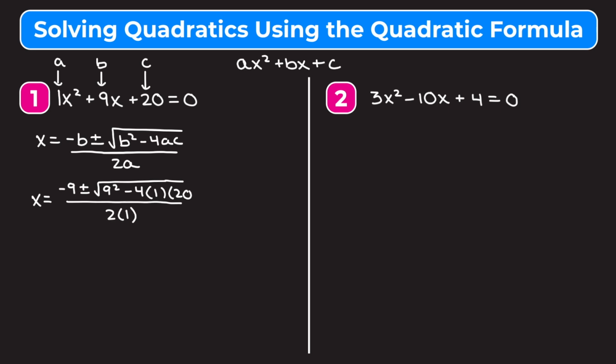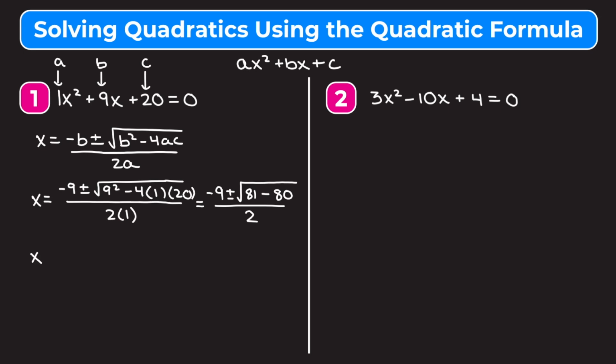And I'm just going to start simplifying this. So we have negative 9 plus or minus the square root. 9 squared is 81. And negative 4 times 1 times 20 is going to give us a negative 80 or minus 80. So we have 81 minus 80. And this is all over 2 times 1, which is 2.